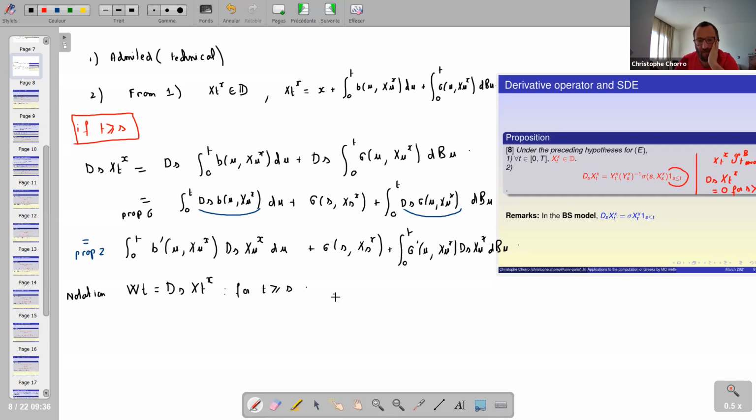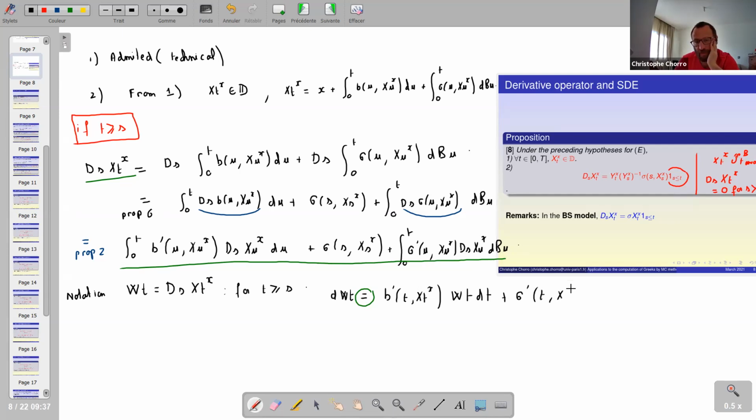I have that d of Wt is equal to b prime of t xt of small x Wt dt plus sigma prime of t xt of small x Wt dBt. So for t greater than s, I obtain this one.